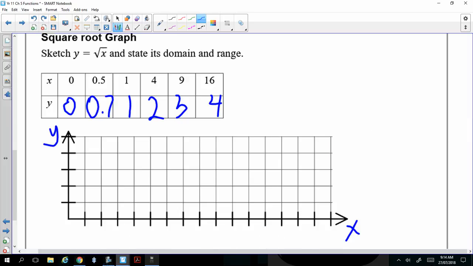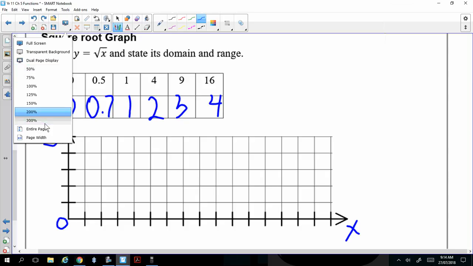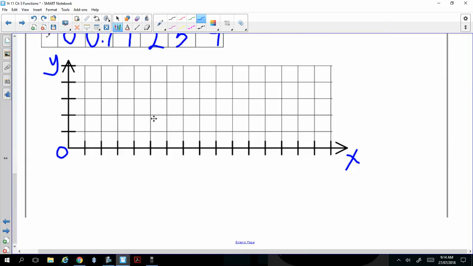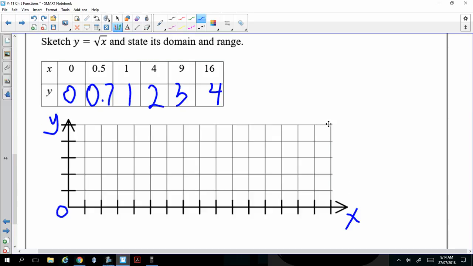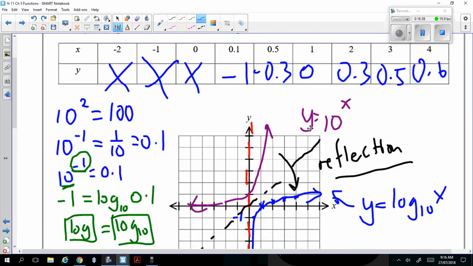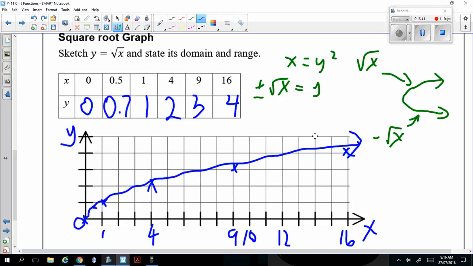Good. Let's show this picture again. It's a square root graph. Okay, enough, that's good. Let's move on to this.